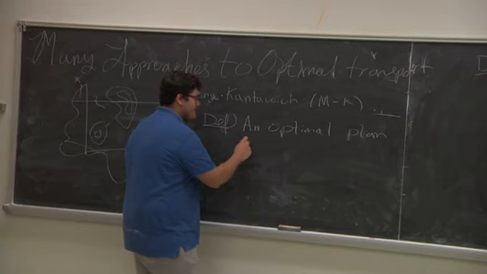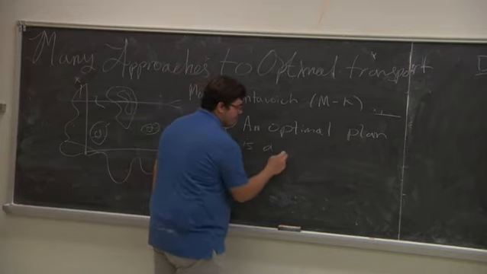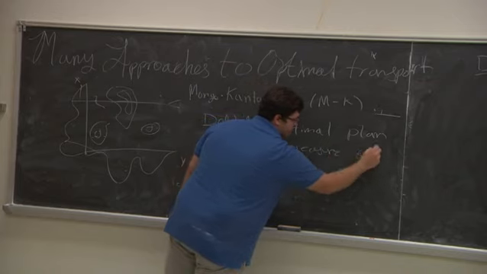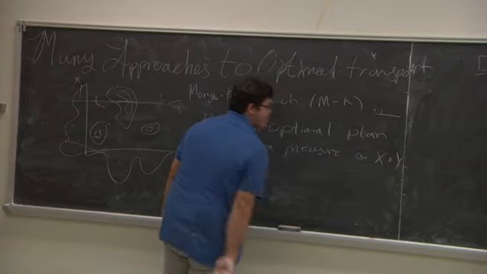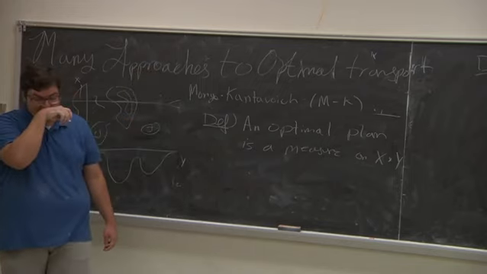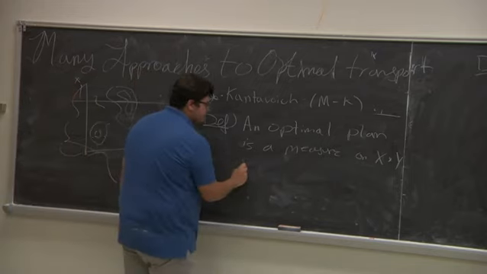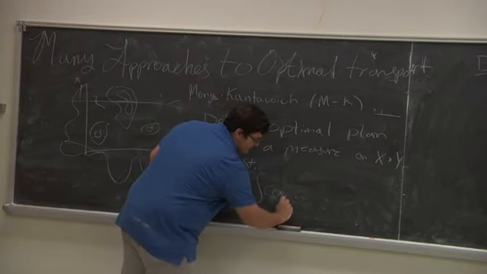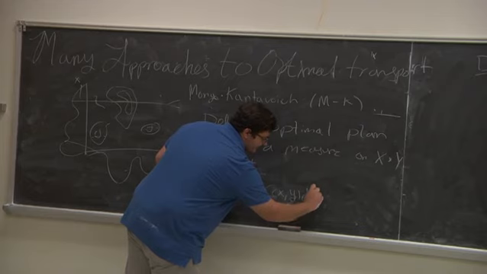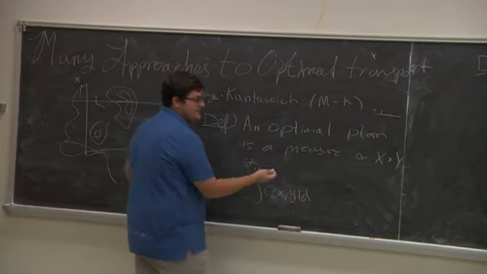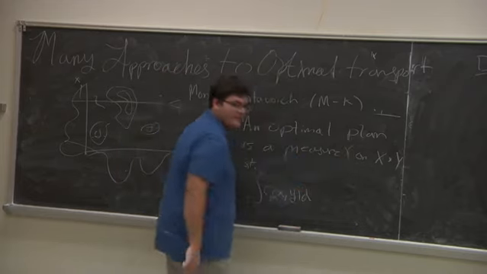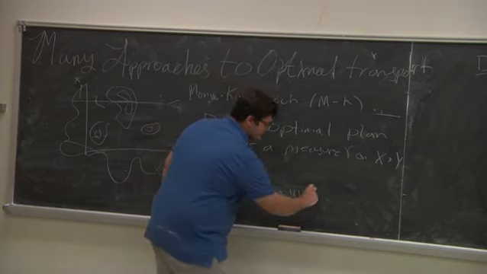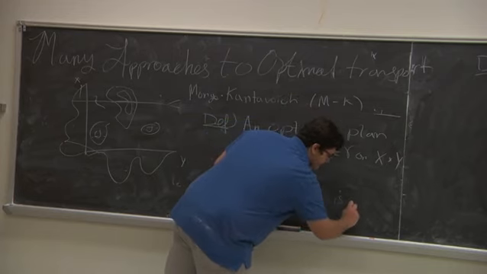An optimal plan is a measure on x cross y, let's call it gamma, lowercase gamma, such that the integral of the cost function with respect to that measure is minimal.